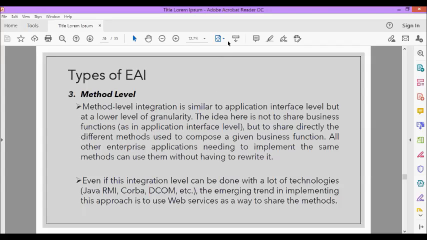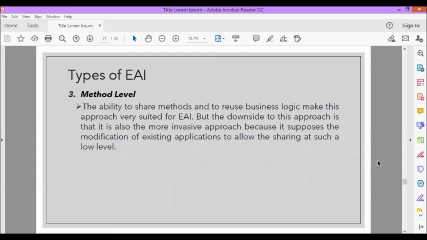All other enterprise applications needing to implement the same methods can use them without having to rewrite them. Even if this integration level can be done with a lot of technologies such as Java RMI, CORBA, DCOM, the emerging trend in implementing this approach is to use web services as a way to share the methods.